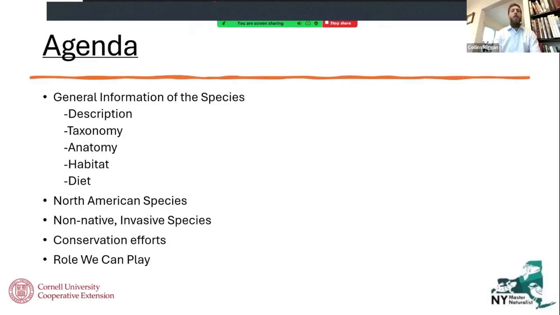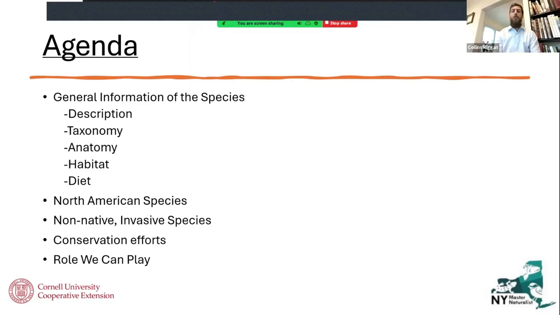So here's an agenda. It's kind of a loose roadmap for tonight. I want to start with the general information of the ladybug species. A lot of information on the different species of this insect is going to be duplicative or very similar. So I want to start with that information. So I'm going to walk through the general description, the taxonomy. I want to touch on a little bit of the anatomy, their habitat, and their diet.